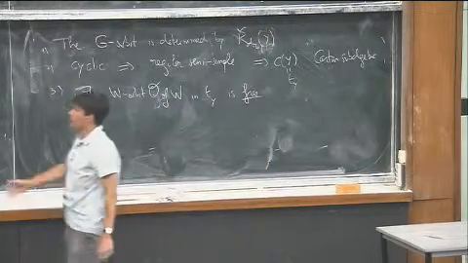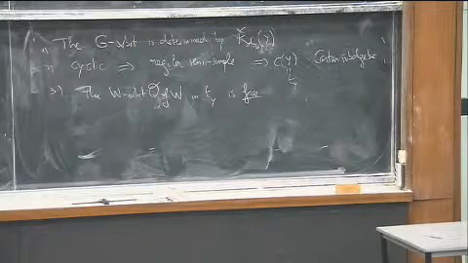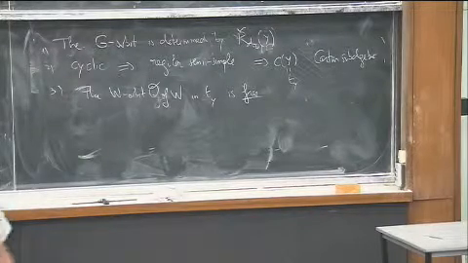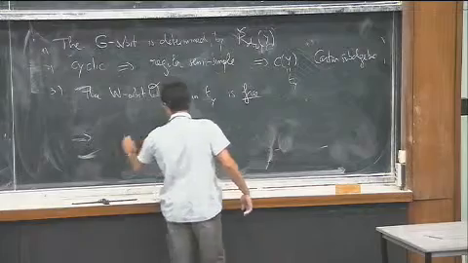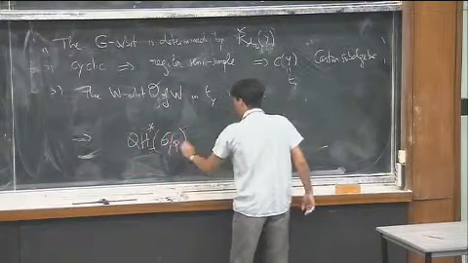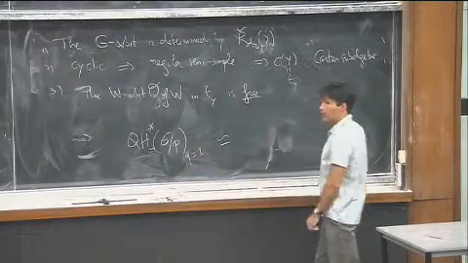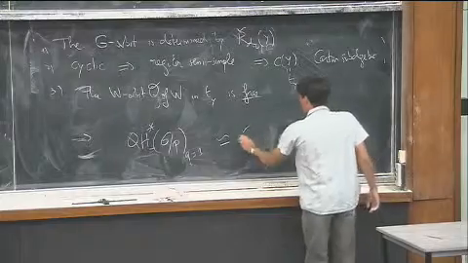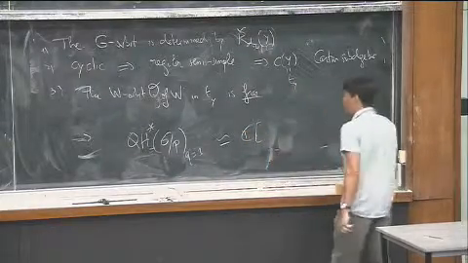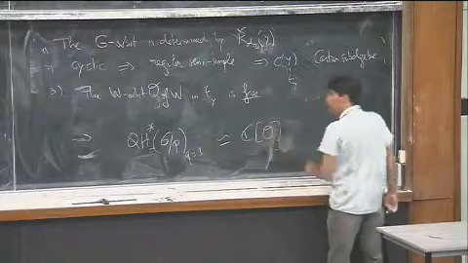So now I can rephrase this statement on the quantum cohomology of G mod P. I can identify this with the space of functions on this orbit.